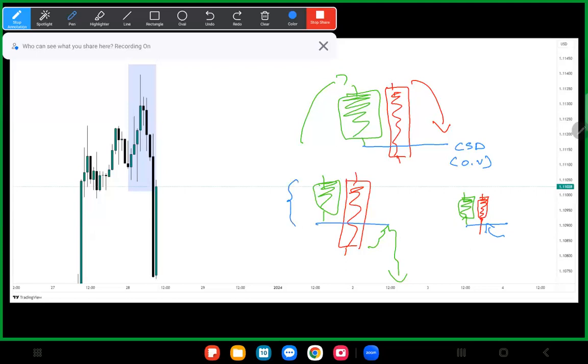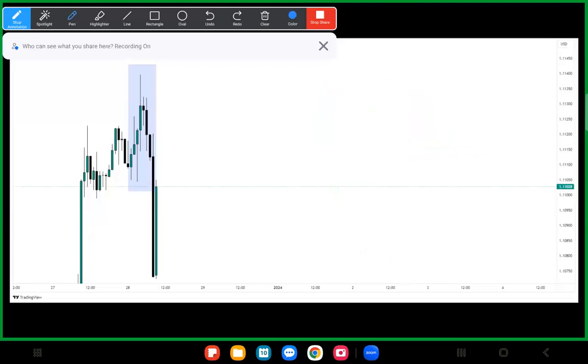At the start of this call, I talked about how understanding the language that's used within ICT concepts will help you have a better understanding of them. And that's the purpose of this slide over here. We talked about a lot of things being balanced price ranges.